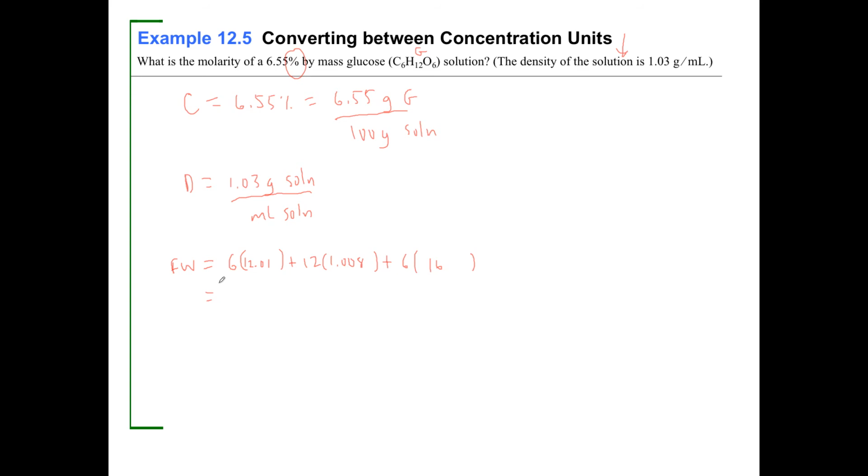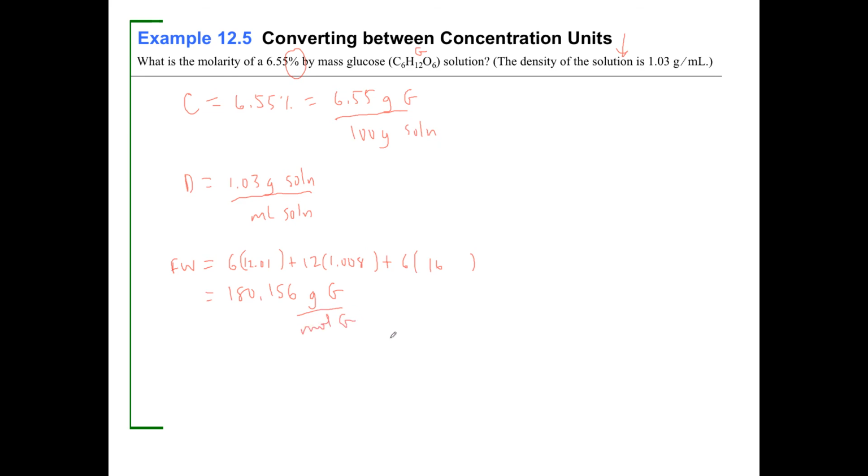I'm going to do this with my calculator. Six times 12.01 plus 12 times 1.008 plus 6 times 16 is equal to 180.156. We've done this before, but I never remember it. 180.156 grams of glucose per mole of glucose.